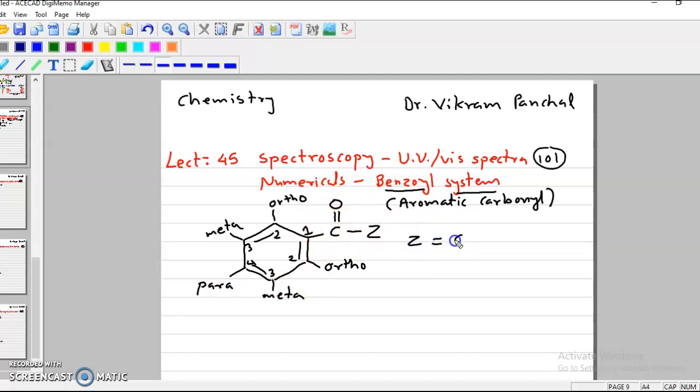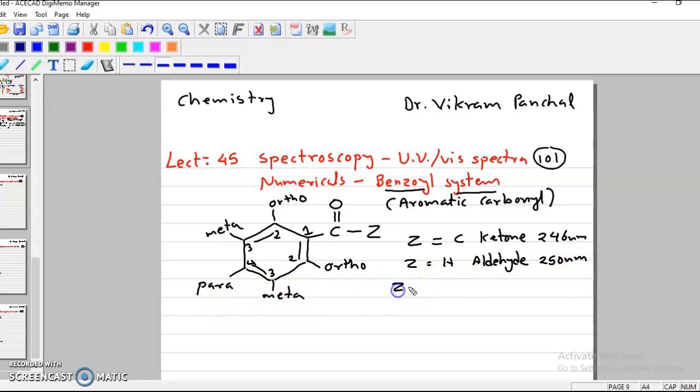As C double bond O is a carbonyl group, which is the main group, if Z is equal to carbon, it is called ketone, aromatic ketone, and for that the base value will be 246 nanometer. If Z is equal to hydrogen, that means aldehyde, aromatic aldehyde, then we will put 250 nanometer as the base value.